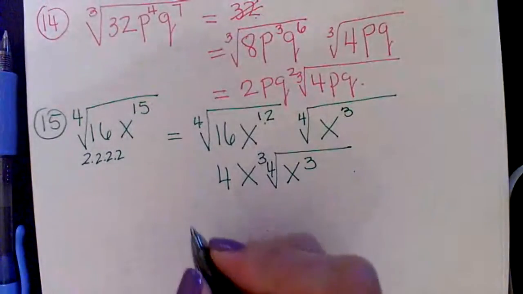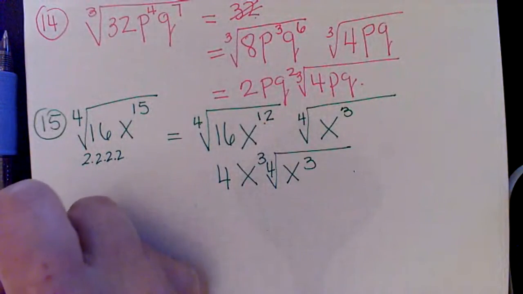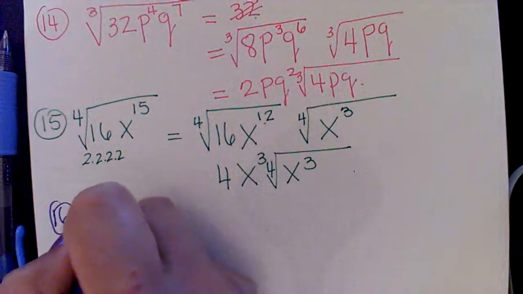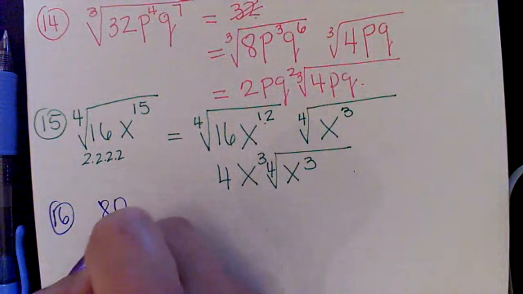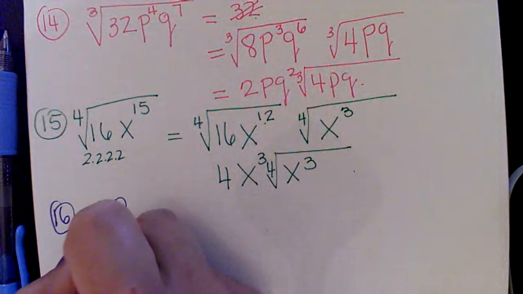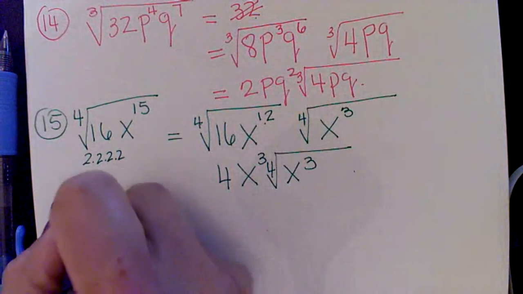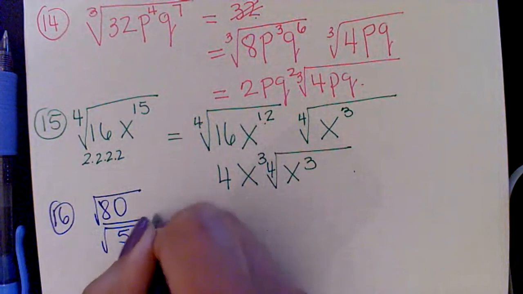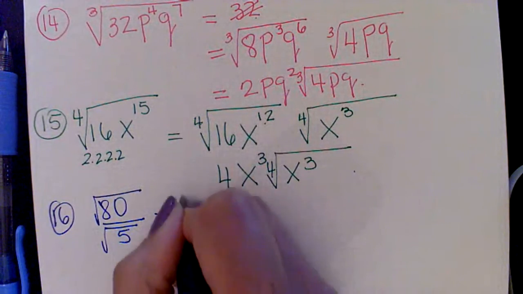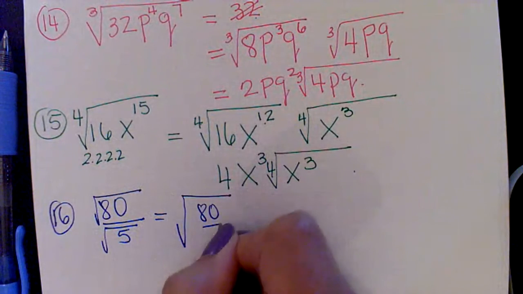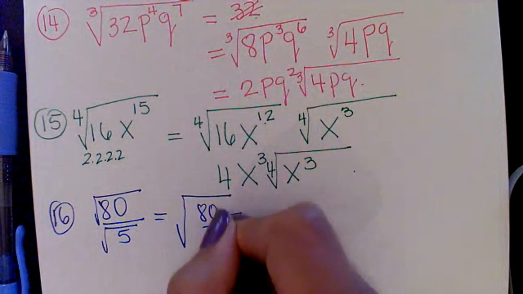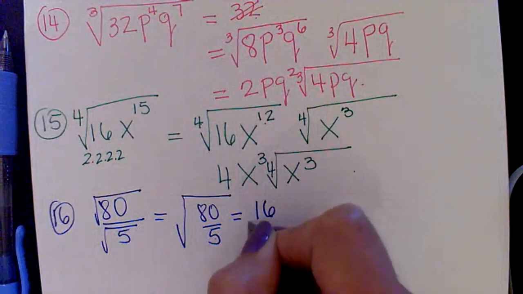Now, we could do 80 divided by 5. What is 80 divided by 5? 16.